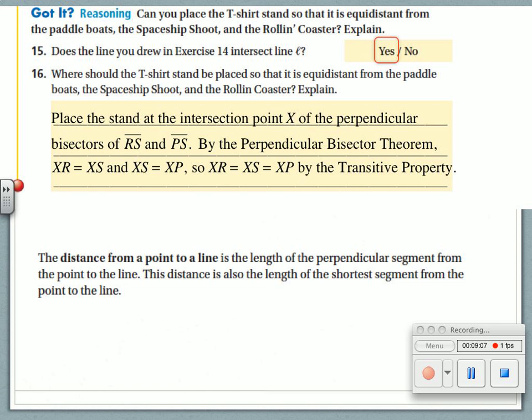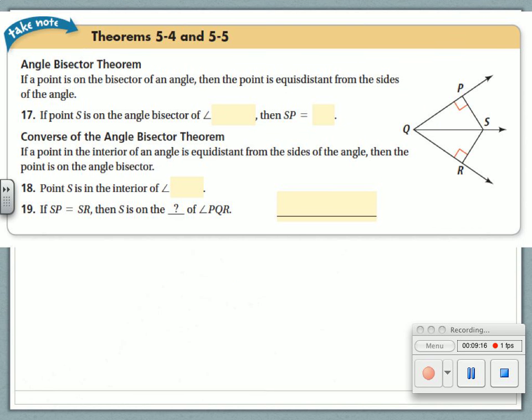Finally, let's look at another theorem for this chapter. It's the angle bisector theorem, theorems 5.4 and 5.5. The angle bisector theorem states, if a point is on the bisector of an angle, then the point is equidistant from the sides of the angle. So point S here is on the angle bisector, so the distance to P and the distance to R is the same.